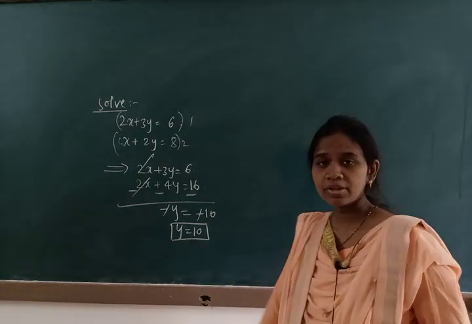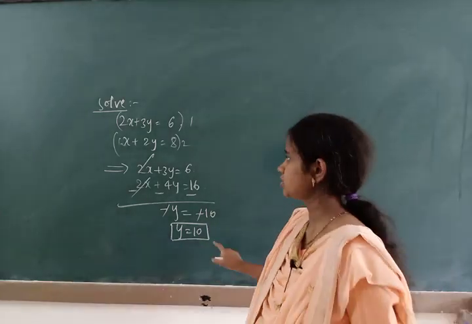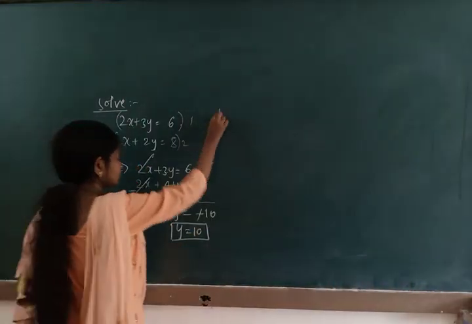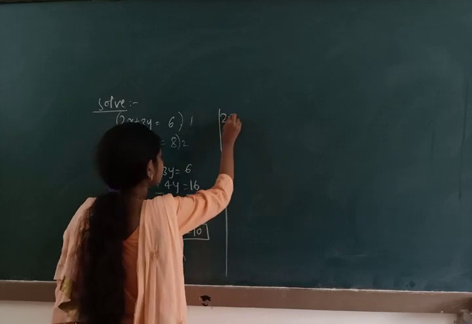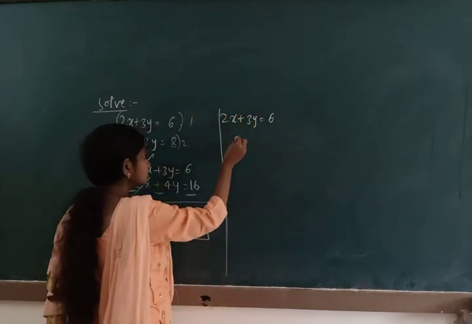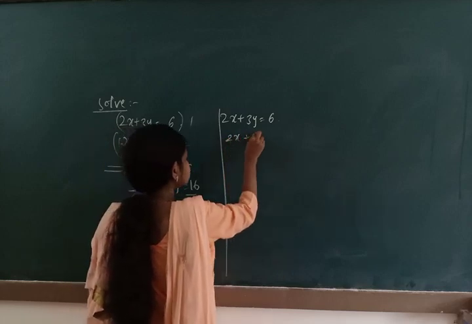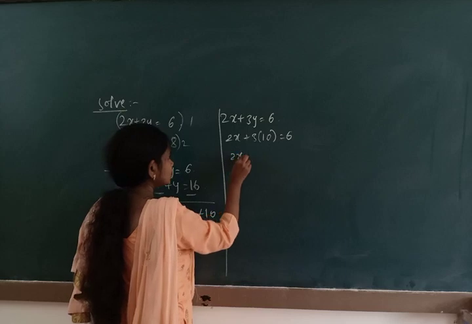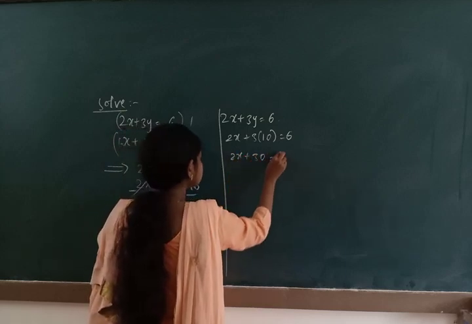Now substitute the value of y in any one equation to get the value of x. 2x plus 3y is equal to 6, 2x plus 3 into the y value 10 is equal to 6, 2x plus 30 is equal to 6.